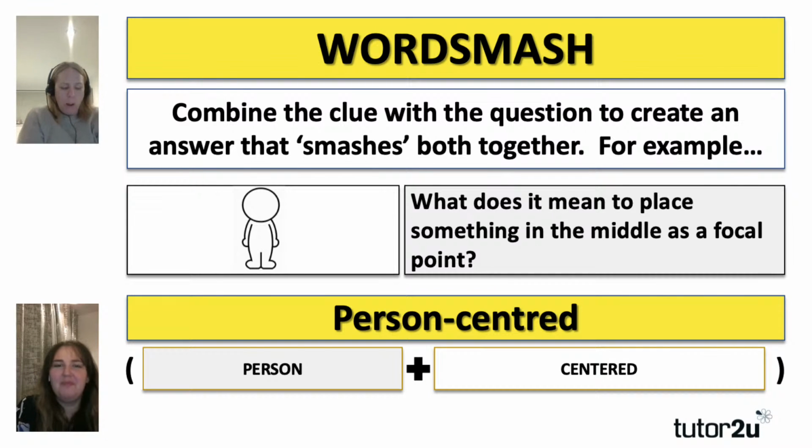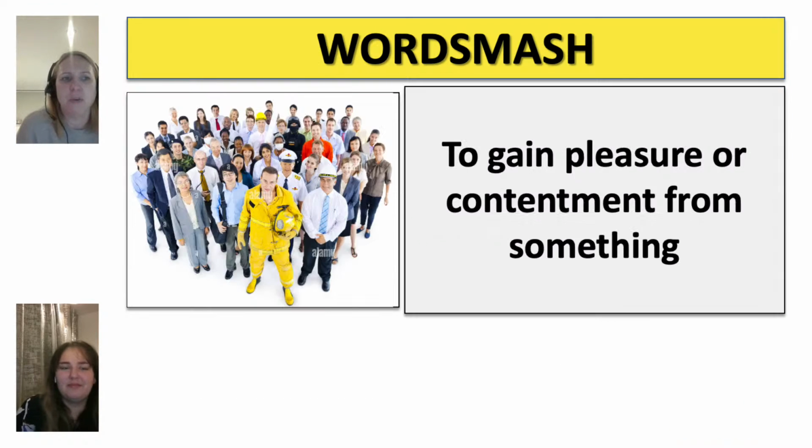And then I think we've got one more before we have a little break, and we'll be back at 6:45. So on the left, we have a picture here of something. What are all those people potentially maybe doing? And then on the right, we've got to gain pleasure or contentment from something. So what does it mean to gain pleasure or contentment for something?